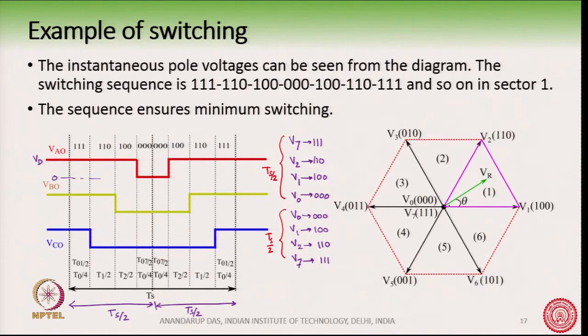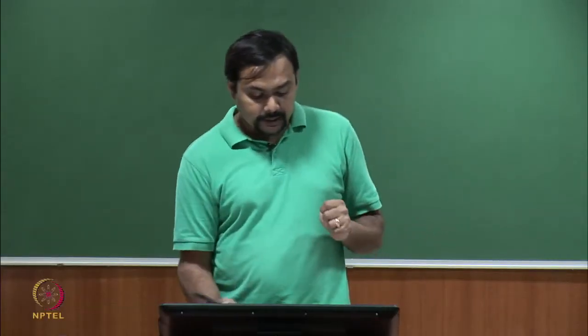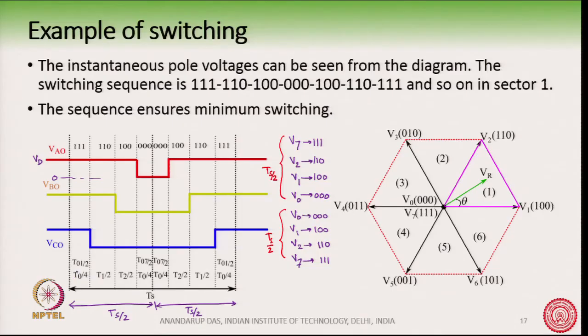That means, in the first switching cycle we are going in a clockwise direction, and in the second switching cycle we are going in an anti-clockwise direction. Exactly why this is happening can be understood when we are doing the carrier based implementation of SVPWM. Now, you see here how will the pole voltages look like.